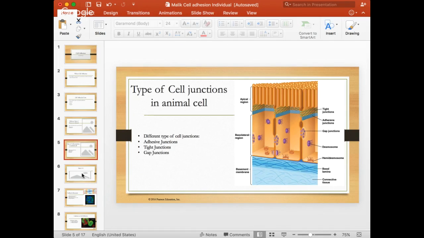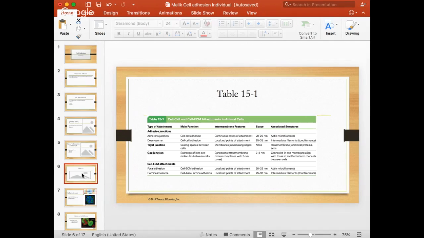So let's continue. Now we're here at this table. In this table, you see the main function of each of the different types of adhesive junctions.